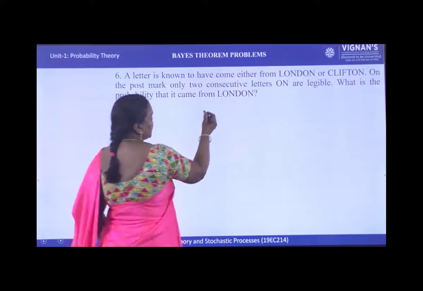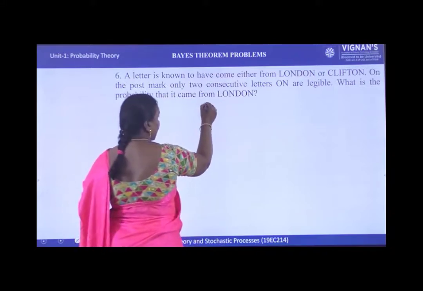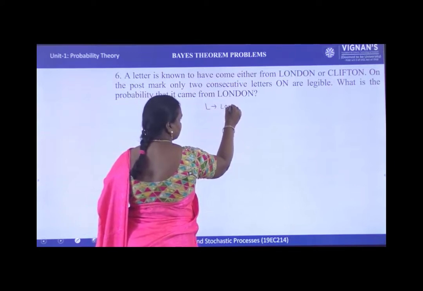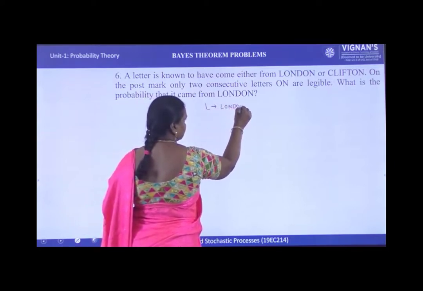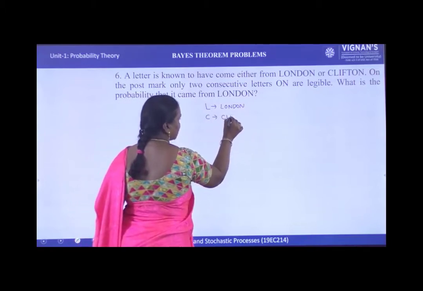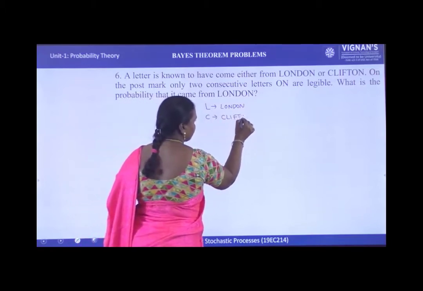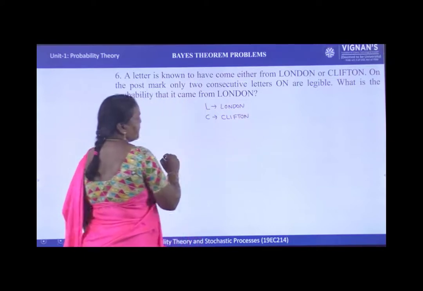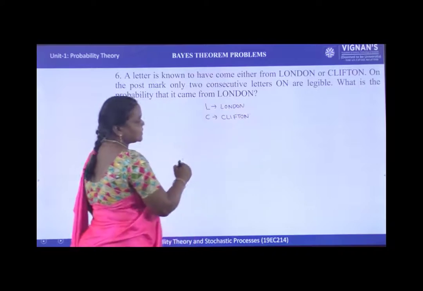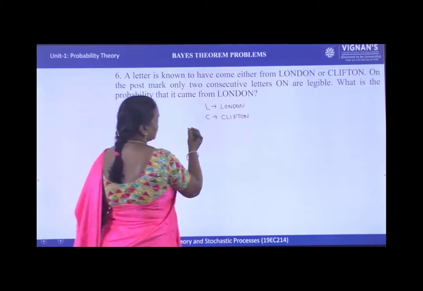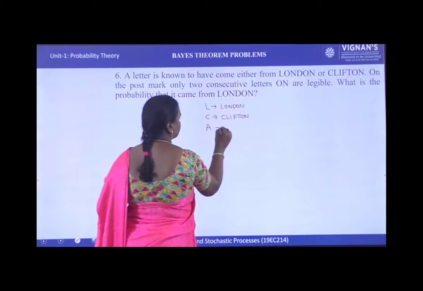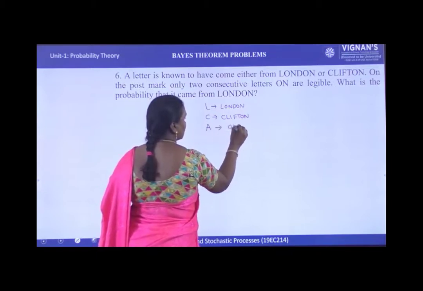Let L be the event indicating London, and C the event for Clifton, and when ON letters are clearly visible, let that event be A.